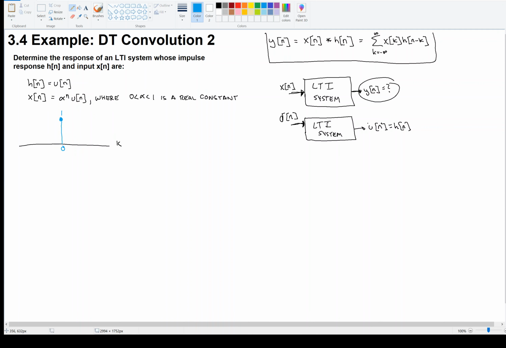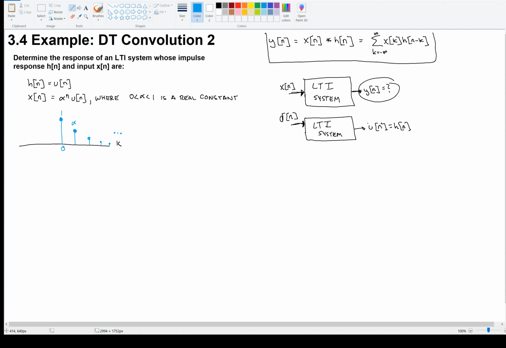And when k is 1, I've got alpha to the 1, u of 1. Well, u of 1 is 1, so if you want to think of alpha as 1/2, then I've got 1/2. Although I'm not going to write 1/2. I'm going to leave it in terms of alpha. So this is alpha. And because alpha is less than 1, this thing decays like this. Okay, and it goes on forever.